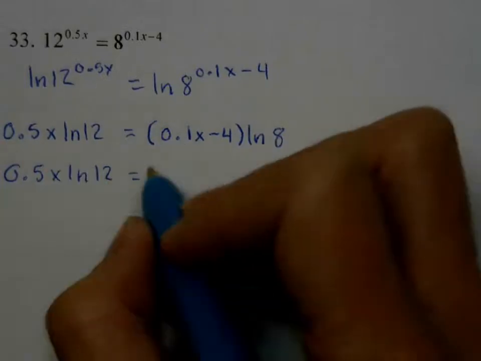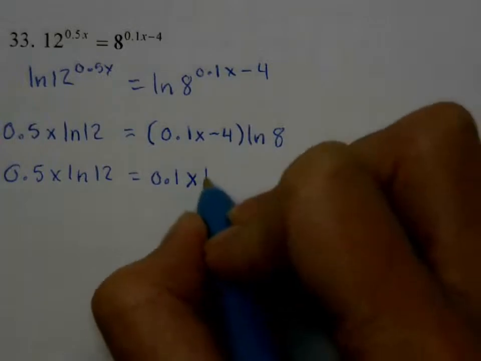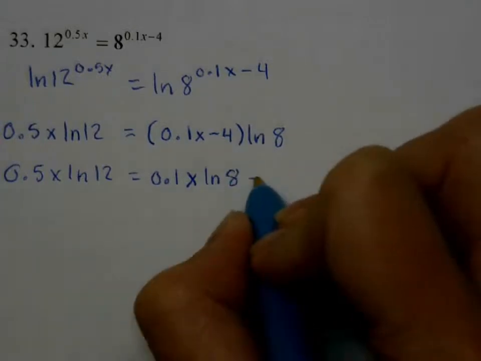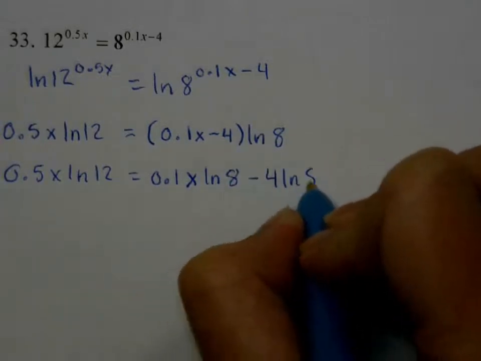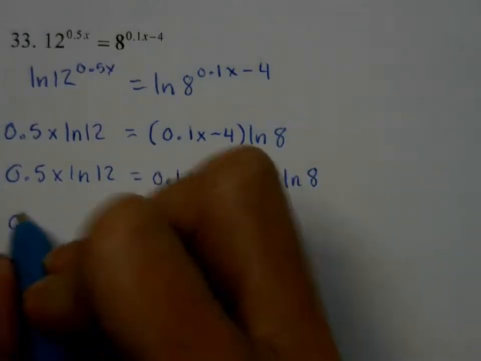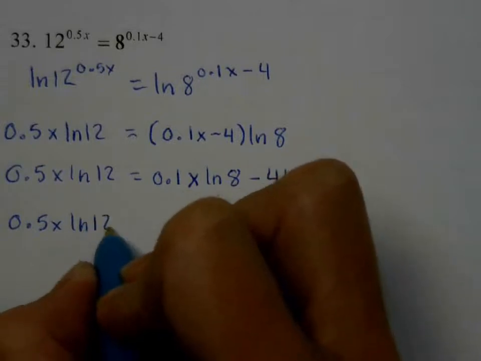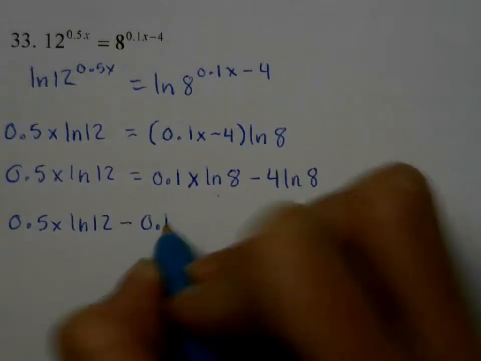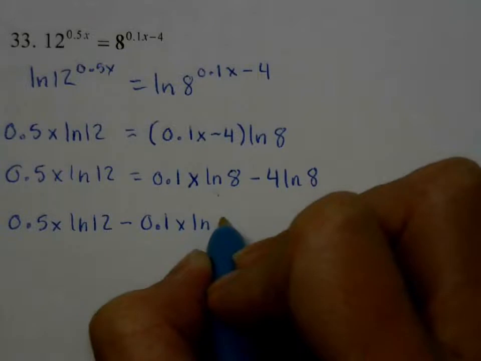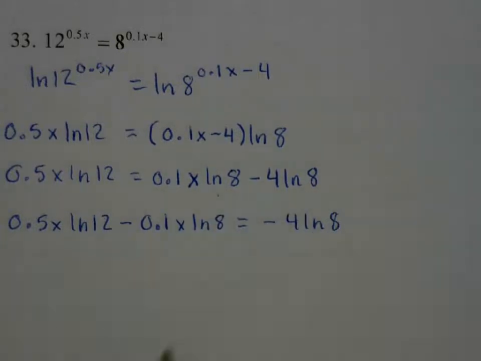So I'm going to have 0.1 times x times the natural log of 8 minus 4 natural log of 8. I'm going to move the x over to this side, minus 0.1 x ln 8 is going to equal negative 4 ln 8. Factor out my x.